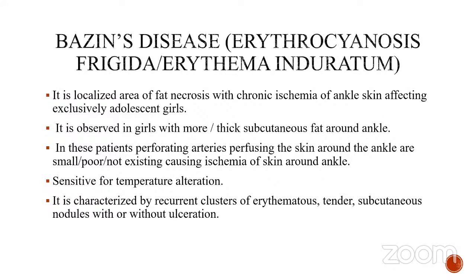So Bazin's disease is seen especially in adolescent girls who are a little on the heavier side. Here, around the region of the ankle, fat necrosis happens, and this fat necrosis leads to ulceration, and that's Bazin's disease. It's observed in girls with more thick subcutaneous fat around the ankle.